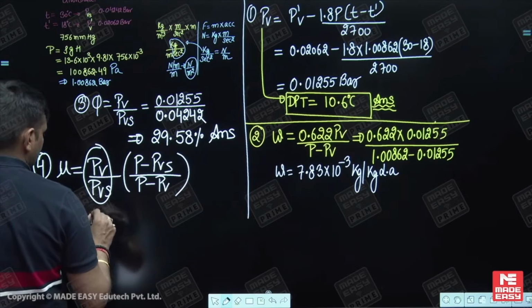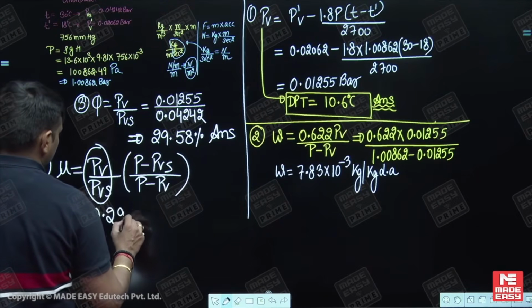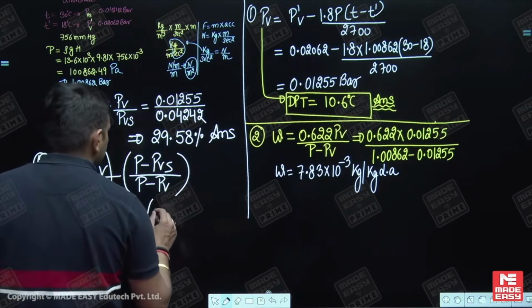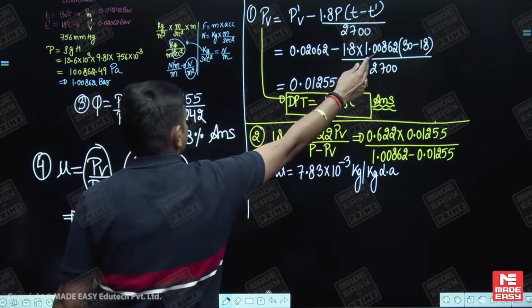So 0.2958. P is the total pressure. So what is the value of total pressure? This 1.00862.